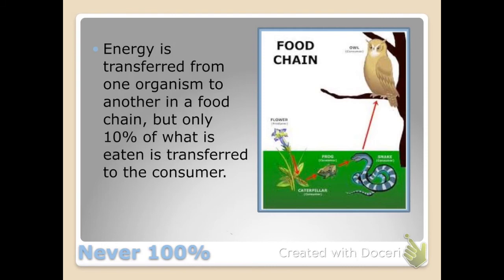And so there is a limit to how many times this energy can be passed from organism to organism, and that keeps food chains short, because once you get to those higher organisms, there's not a lot of energy left, which is why they often need to eat very large or very numerous other organisms to get the energy that they need to support their larger bodies.